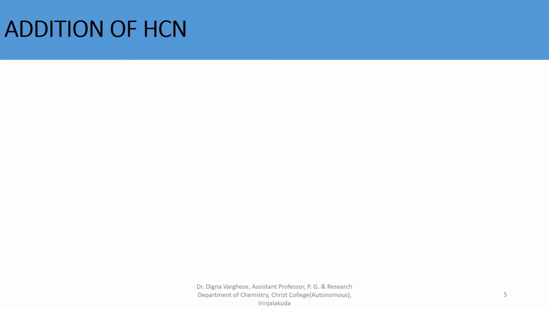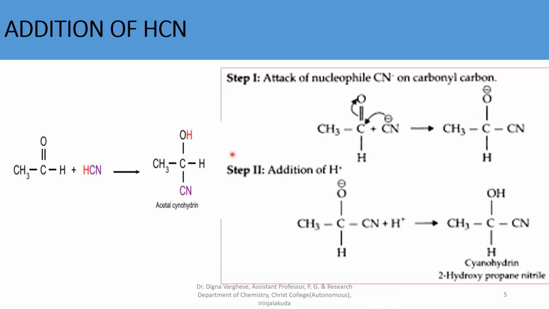Here you can see addition of HCN. Acetaldehyde reacts with HCN, forming acetaldehyde cyanohydrin. The mechanism of the reaction is that in step 1, the nucleophile CN- attacks the carbonyl carbon, forming a tetrahedral alkoxide intermediate.